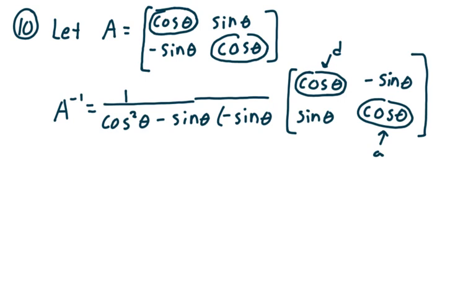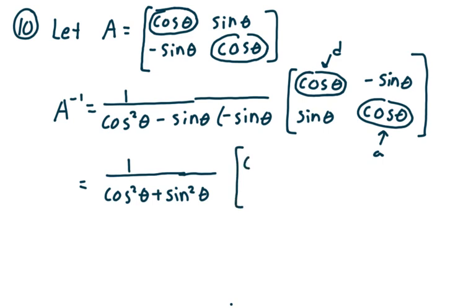So here we get 1 over cosine squared theta plus sine squared theta, right? A negative times a negative is a positive, times the matrix cosine theta, negative sine theta, sine theta, cosine theta.